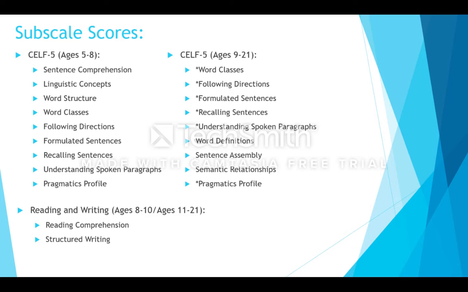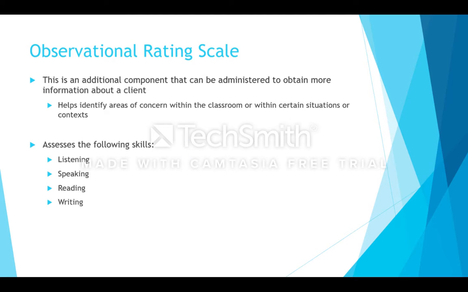So then for ages 9 to 21, most of the same areas are going to be assessed as for ages 5 to 8, but in addition, it will look at word definitions, sentence assembly, and semantic relationships. Then there's also a section that's separate for reading and writing, and there's a section for ages 8 to 10 and ages 11 to 21, and they both assess reading comprehension skills and structured writing skills.